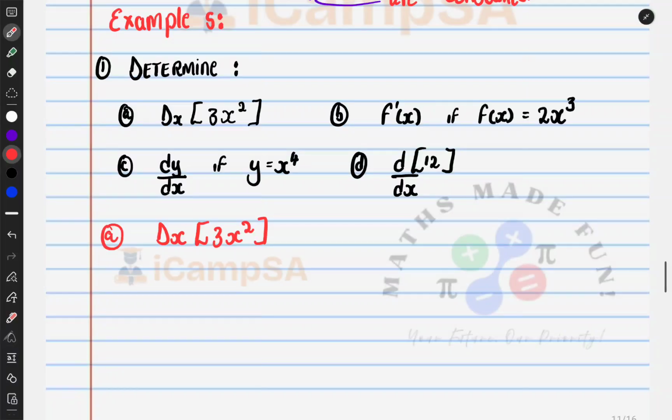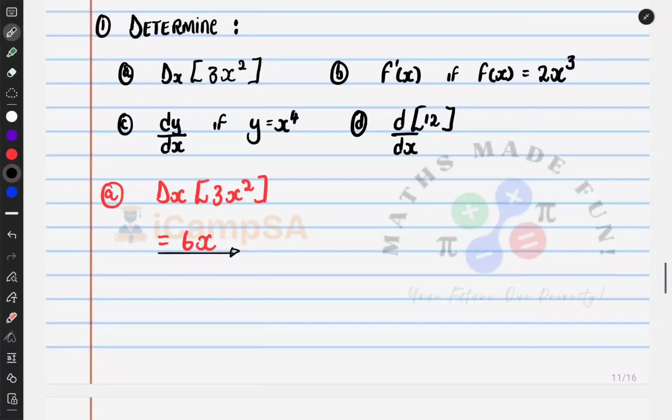Here we just have a simple expression. Let's use the power rule: take the exponent to multiply the expression. So we're gonna have 6x, and then we subtract 1 from the exponent, so we have 6x to the power of 1.